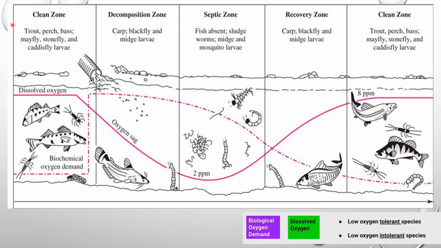So this is an oxygen sag curve, and it is a plot of dissolved oxygen levels versus the distance from a source. And it's usually excess nutrients and some other biological stuff that comes out of the effluent that causes the problems. So it's almost always about excess nutrients coming out of the source.